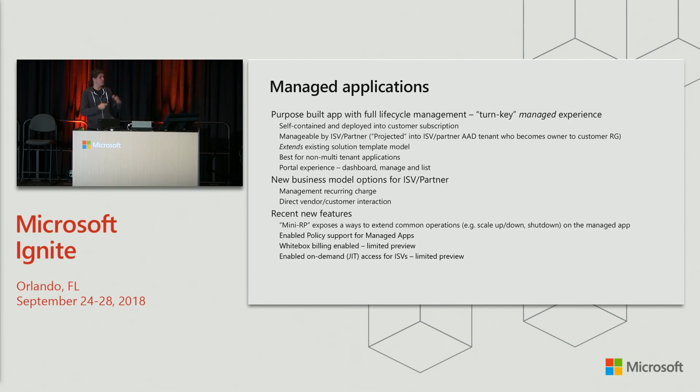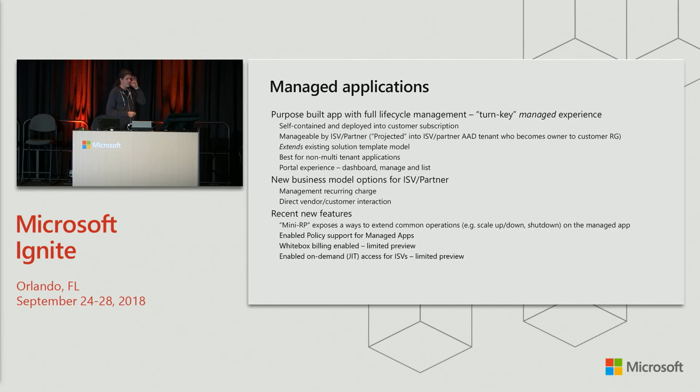So if you wanted to scale it up or stop it or do these other operations. This is what we call the mini RP, because it's not as expensive and big to write as a resource provider, but it's a mini one that gives you first-class operations on that object, first-class visibility from different gets and different operations that you can do through this ARM control plane.